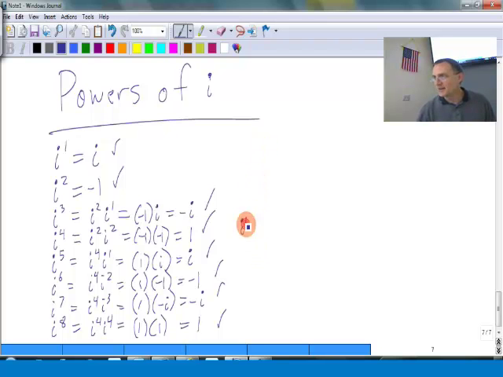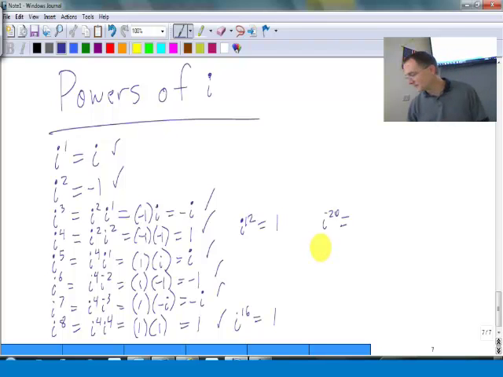Are you thinking about 12? Who was thinking 12? Sure. What's the next one after 12? i, negative 1, negative i, 1. Down here somewhere? Are you thinking 16-ish? Yes. What do you suppose i to the 20th power is? 1.